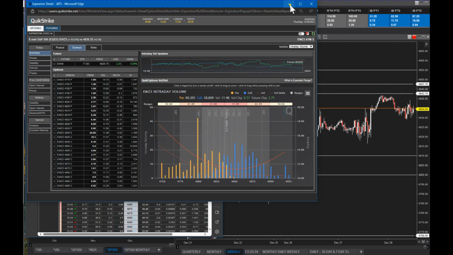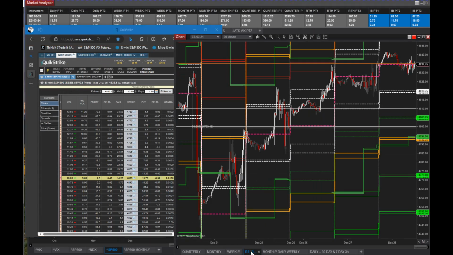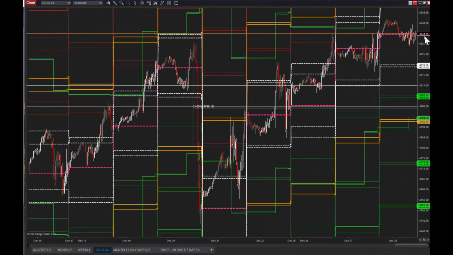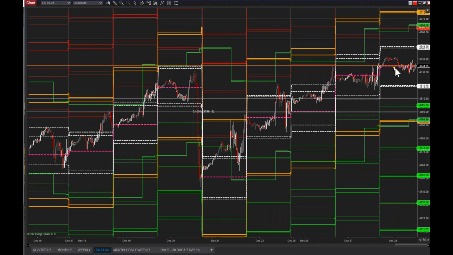So let me minimize this and just show you an example of what some other levels might look like when you combine these distributions. This is your daily for today. So you can see we're sitting right on the current open, which is coincidentally on that mean for tomorrow.